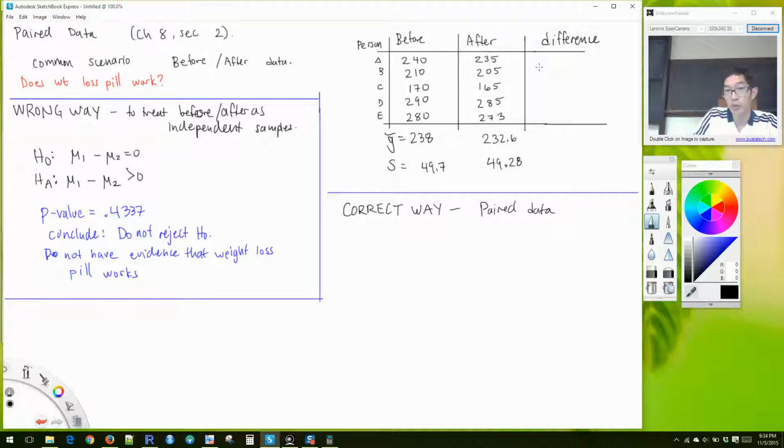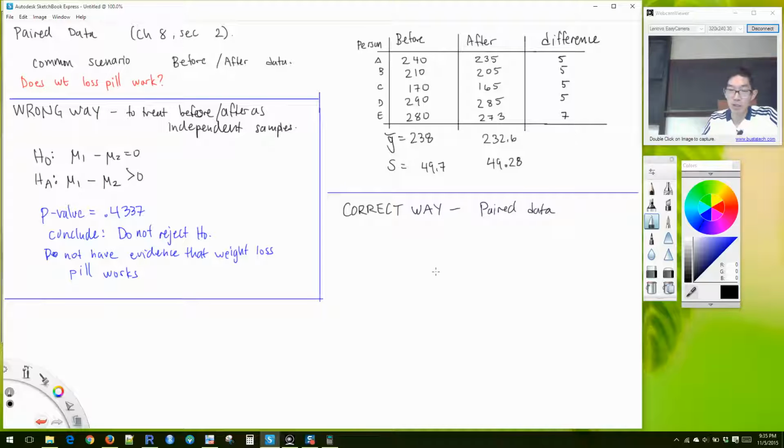We do before minus after. And here we see a 5 pound difference, a 5 pound difference, a 5 pound difference, a 5 pound difference, and a 7 pound difference. And we want to know, is the difference we observe not 0, or greater than 0 in our case?